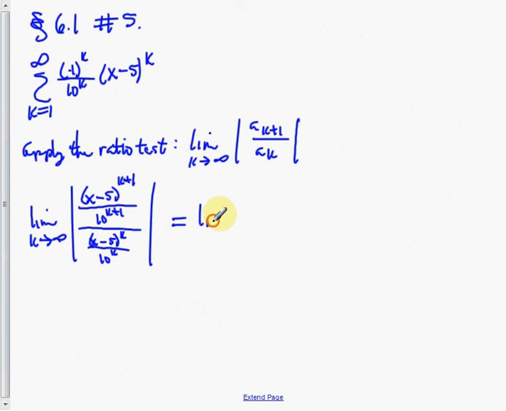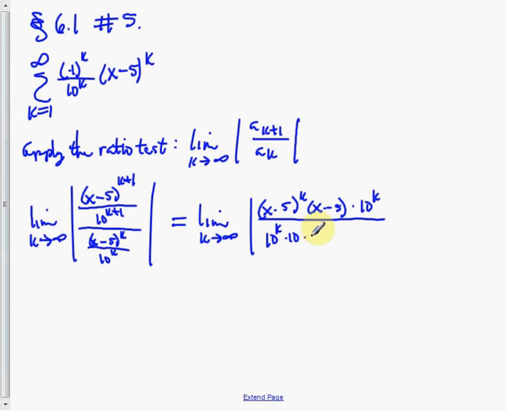So this is the limit as k goes to infinity of the absolute value of, if you think about it, x minus 5 to the k times x minus 5 times 10 to the k, all over 10 to the k times 10 times x minus 5 to the k.